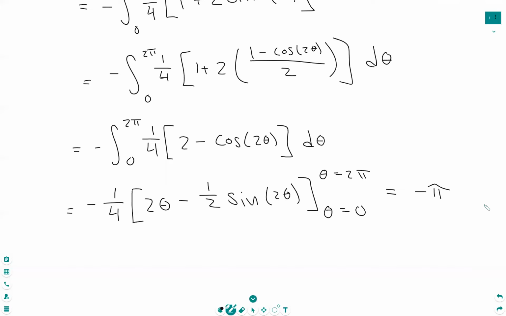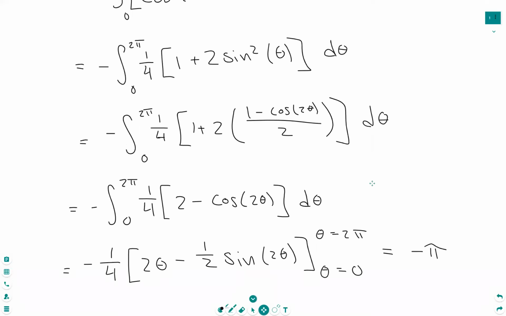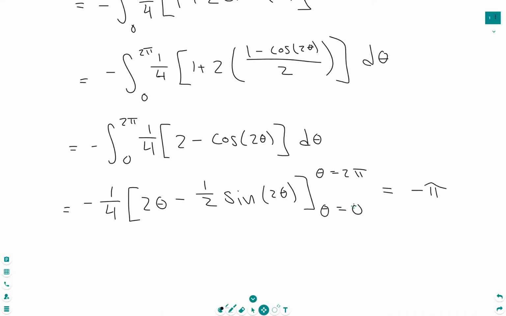Okay, so it looks like the flux is this negative pi, meaning that there's a net flux that is going into the interior of this particular surface. So we know which way the fluid flow is going here.